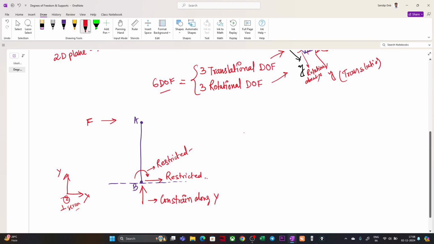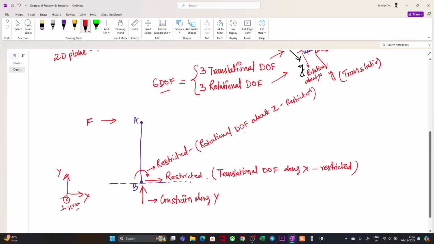So what we are saying is that its translational DOF along X is restricted. Its rotational degree of freedom about Z is restricted.